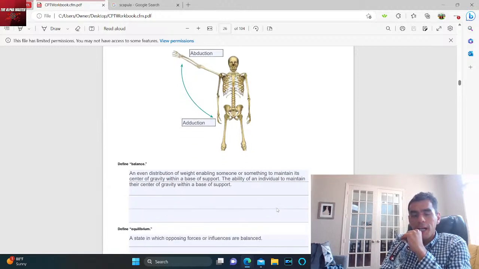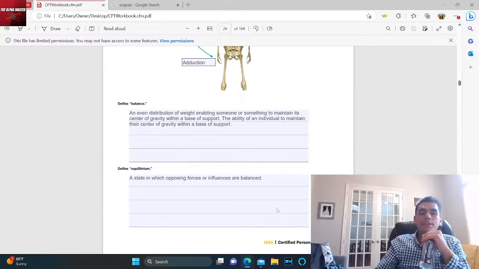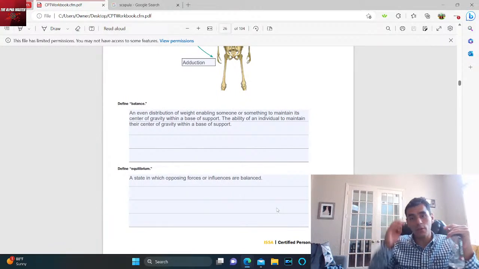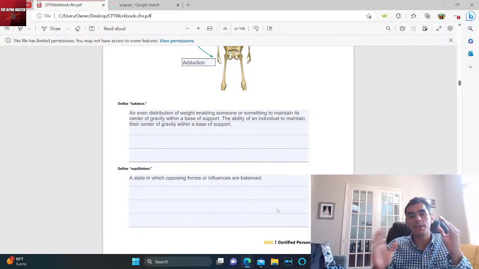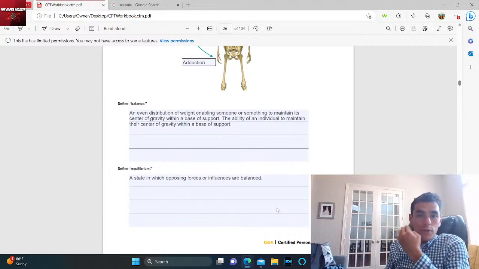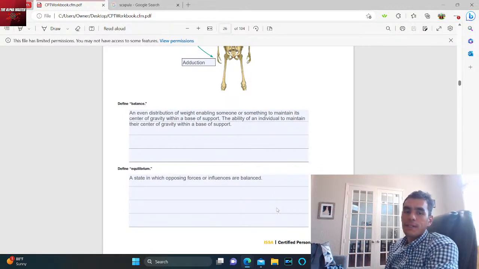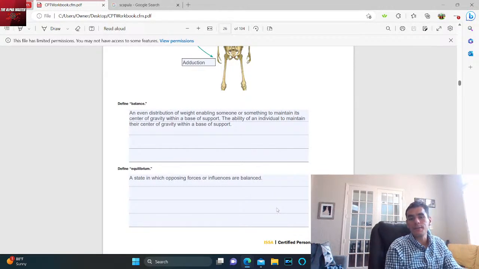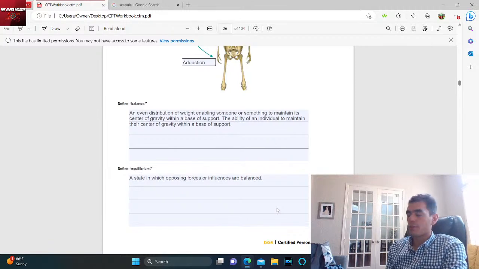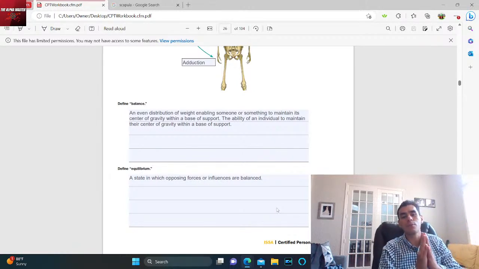Now, define balance. An even distribution of weight enabling somebody or something to maintain its center of gravity within a base of support.